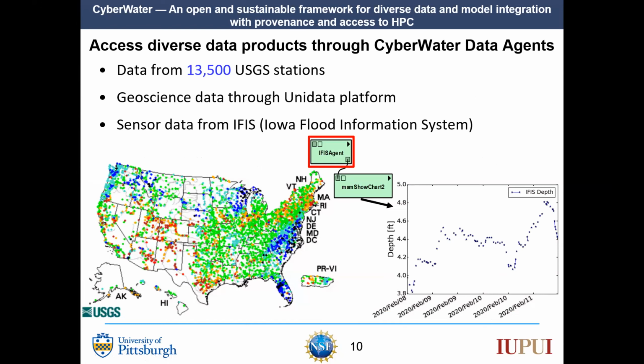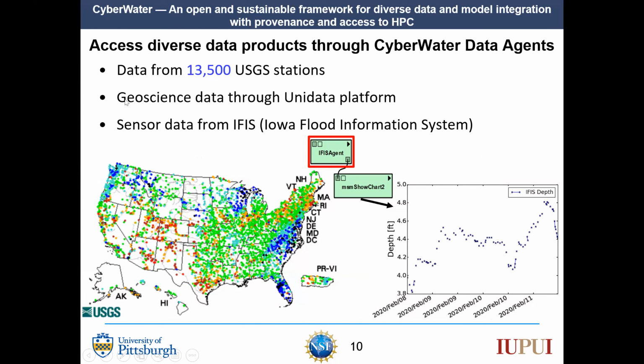In addition to the access of all those very diverse data products, we can also access data from USGS stations. By using our USGS data agent, we can access more than 13,000 USGS stations. Here is a map which shows where these USGS stations are located.